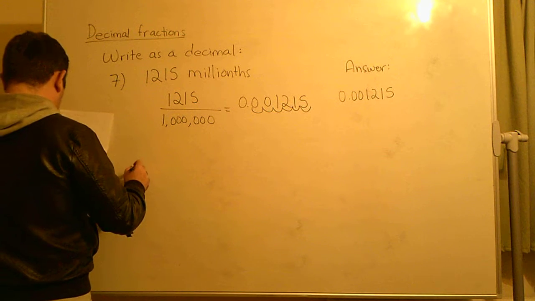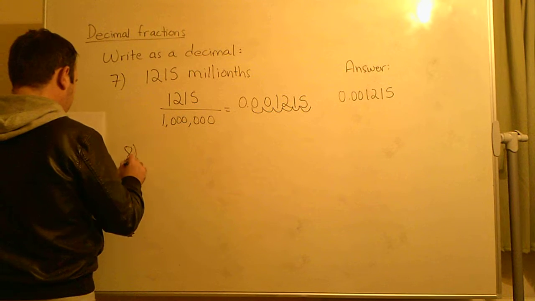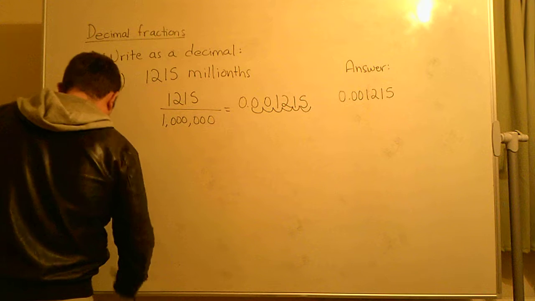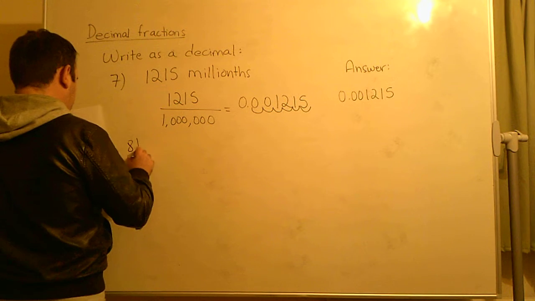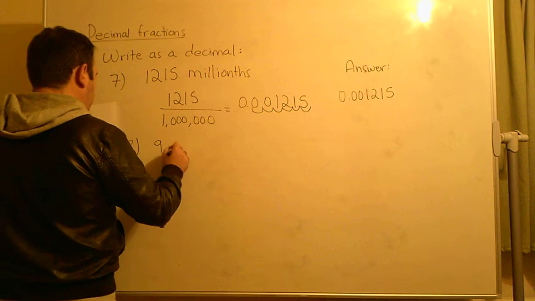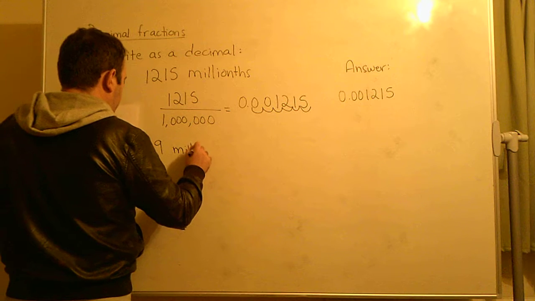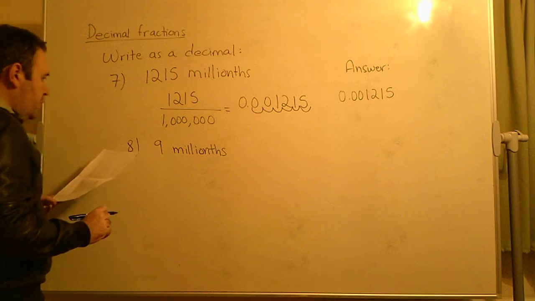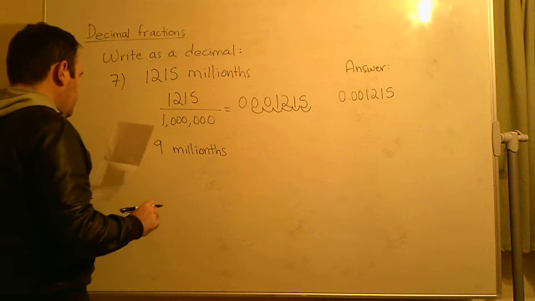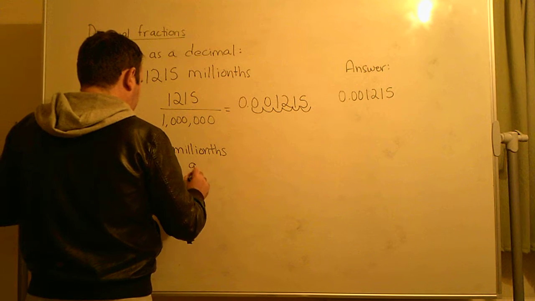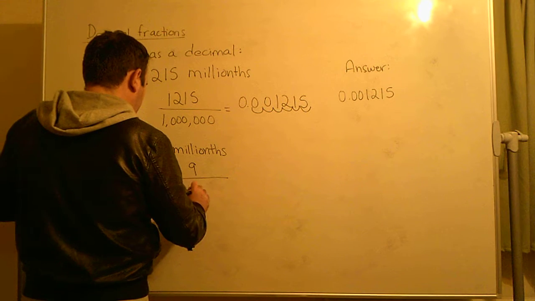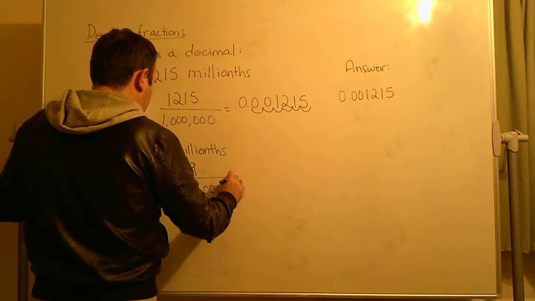Another example, 8. 9 millionths. So this will be 9 divided by 1 million.